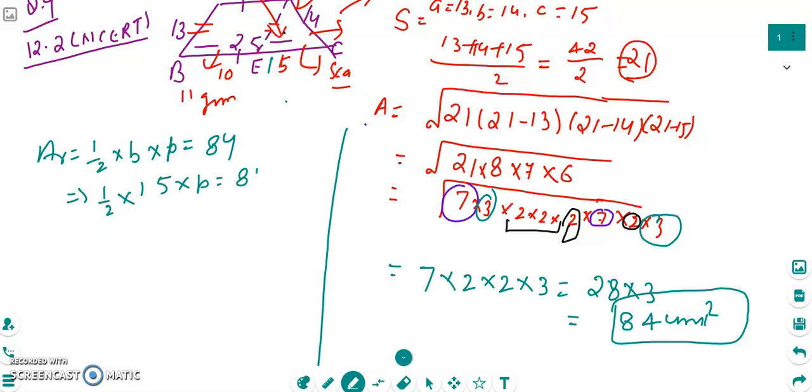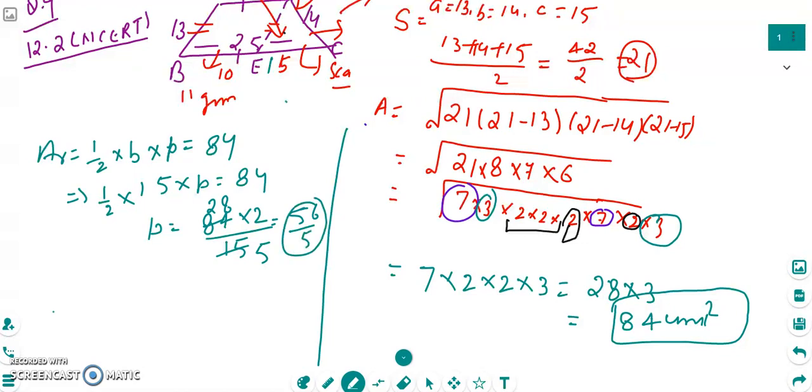So p will be equal to 84 times 2 divided by 15, right? You can reduce it, let me reduce it by 3. So 3 times 5, and here it comes 28, so that becomes 56 by 5. So this is the height.